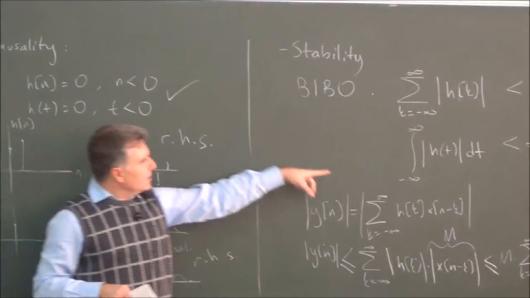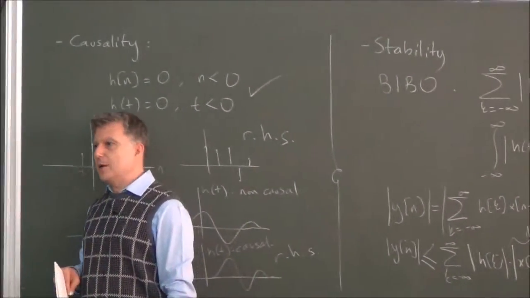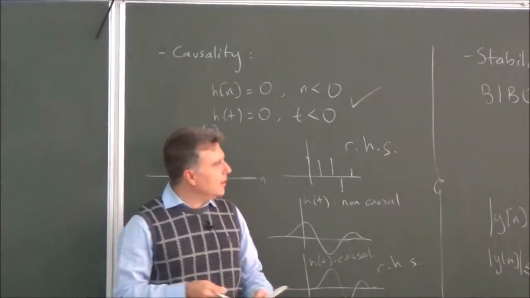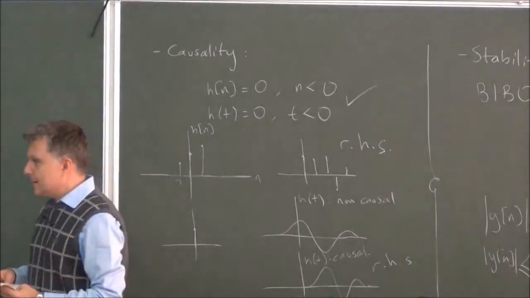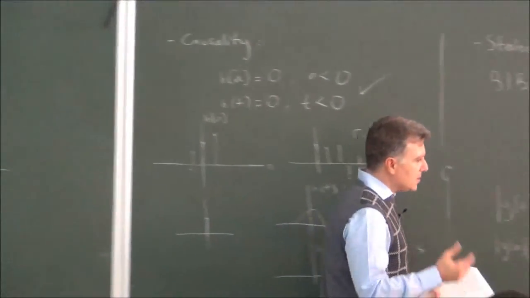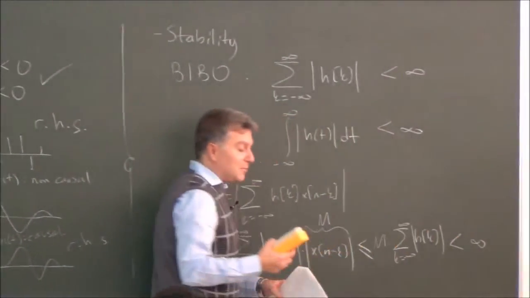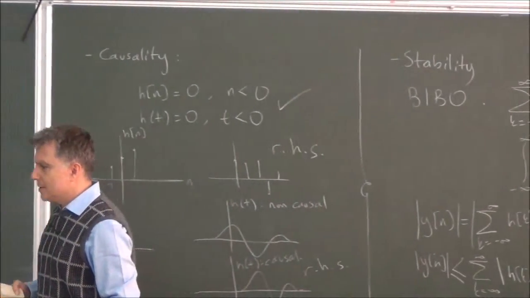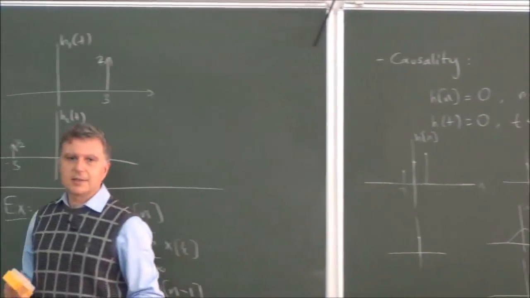So these two are sufficient conditions for bounded input, bounded output stability. And that's the thing that we will see for today. Whether these two are necessary or not will be a different matter, which we will not be interested in for the time being.